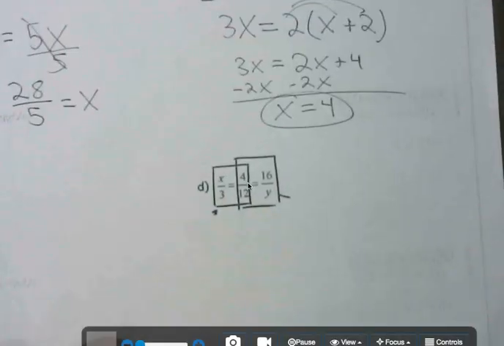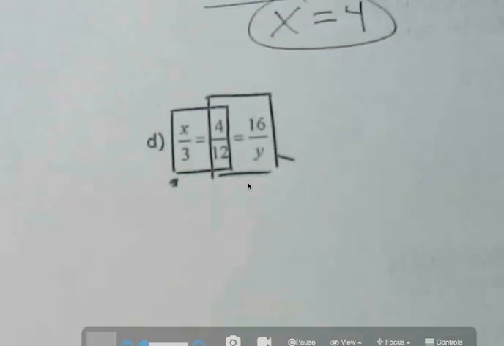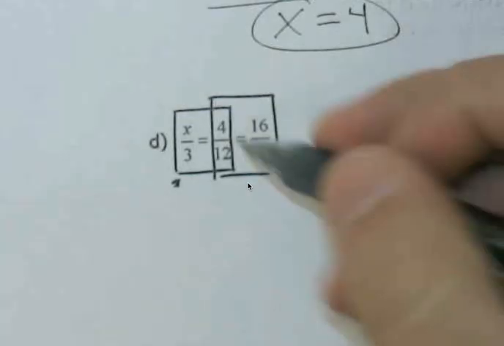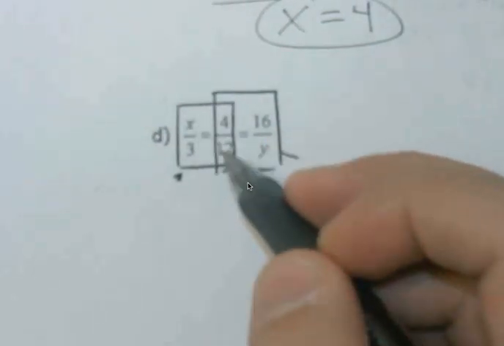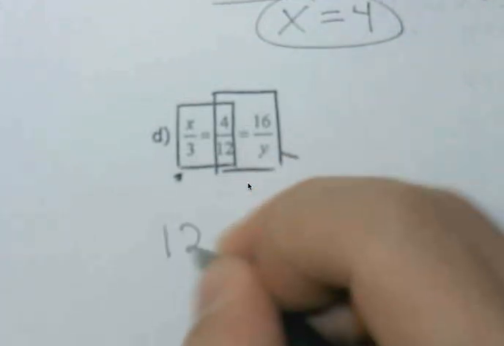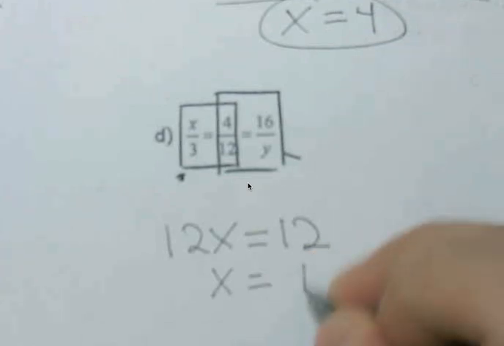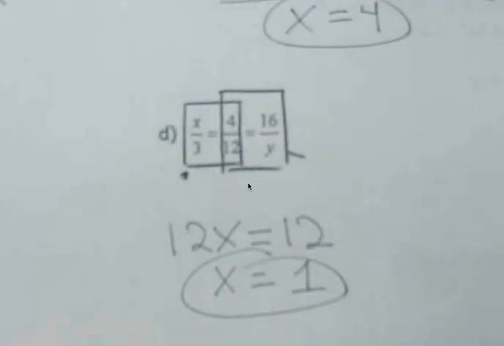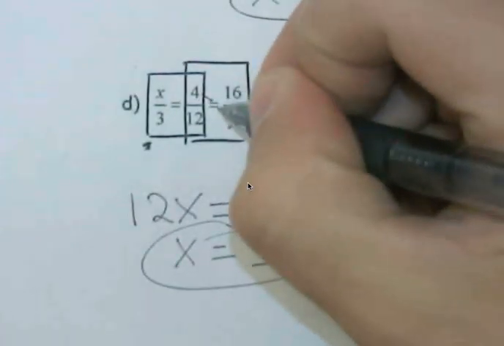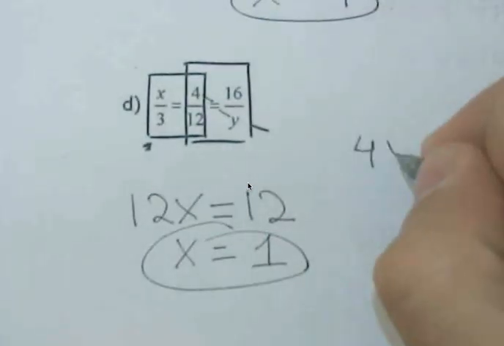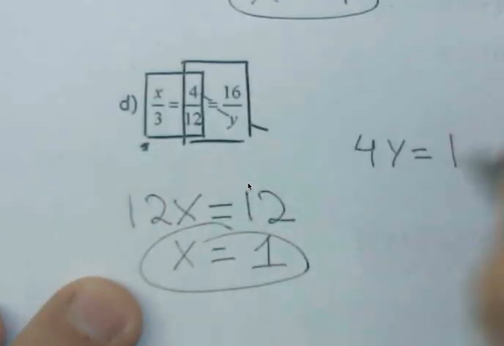With this scenario, we have now x and y with a fraction of 4 halves in the middle. This should be simplified, but who's checking? Am I right? If we're focusing just on x, we can cross multiply that, get 12x equals 12, x equals 1. Super easy. Then we cross multiply for y. Get 4y equals the product of 12 and 16.